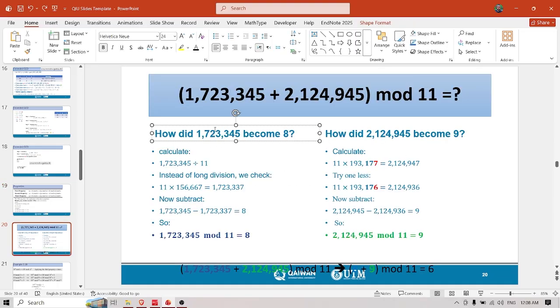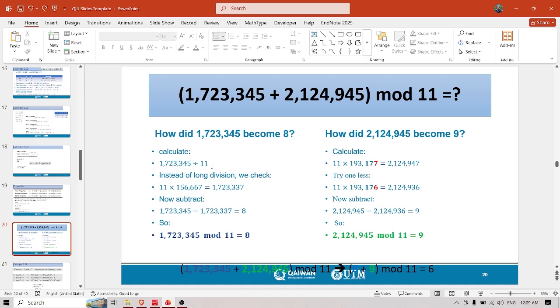Now how did this number become 8? Okay, we have this number mod 11. Now this number we say is equal to 8. How? First we will divide the big number by 11. Why? Because the mod is 11. Now if we divide it by this, we will get a number.